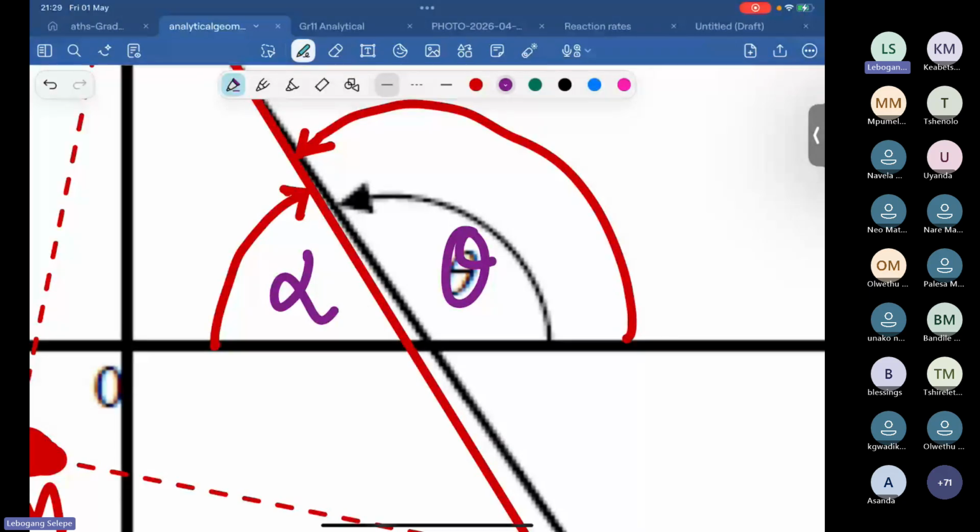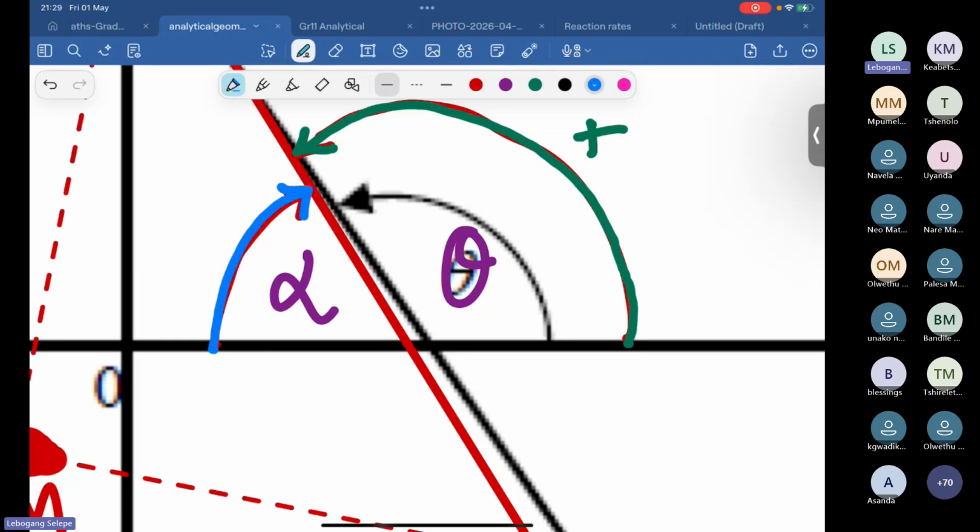Why? Because I said to you, an angle of inclination is positive because it's formed in an anti-clockwise direction from the positive x-axis to the line segment itself. That's a positive angle, right? But the angle theta in this case, it's formed by the same line segment, but in a clockwise direction.